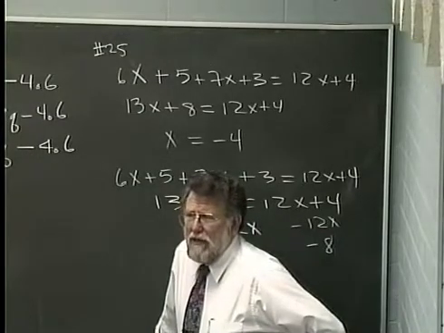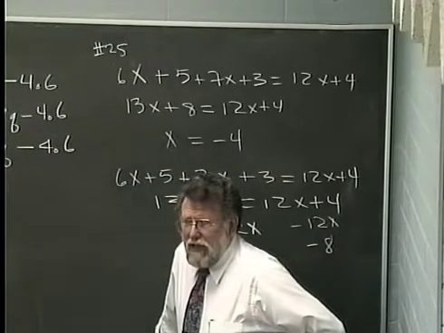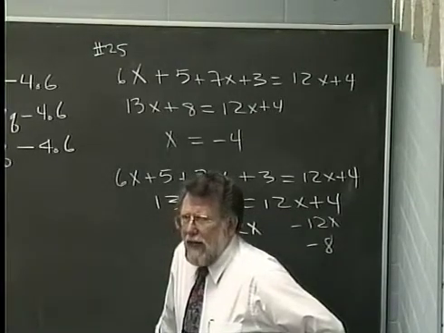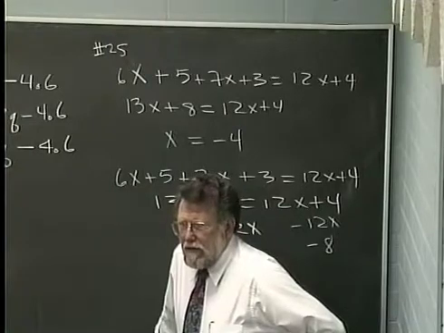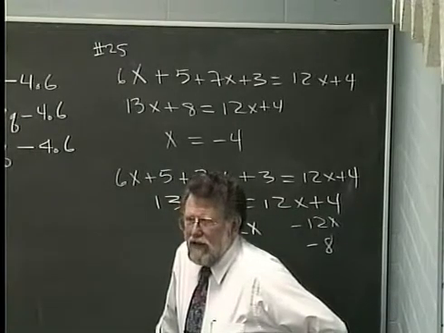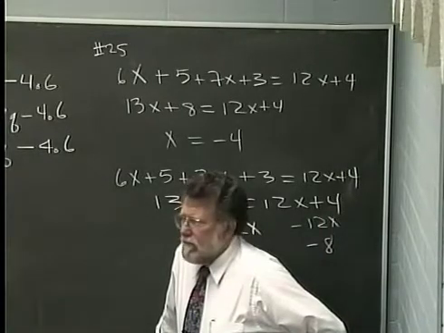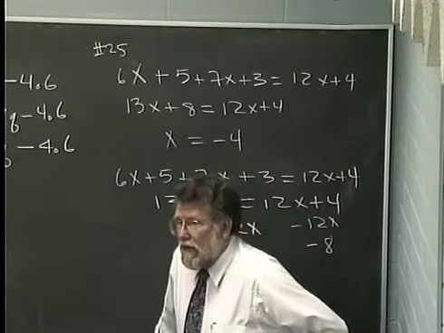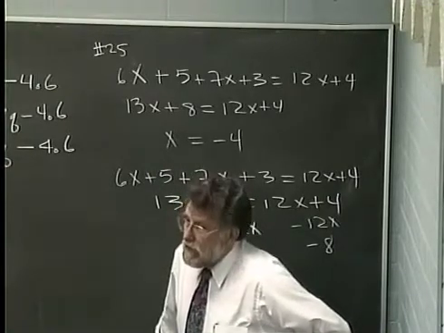Because every step you did is supposed to give you an equivalent equation. What do we mean by an equivalent equation? Definition: both sides are equal. That's what an equation is; you have two sides equal. An equivalent equation means they have the same solutions.